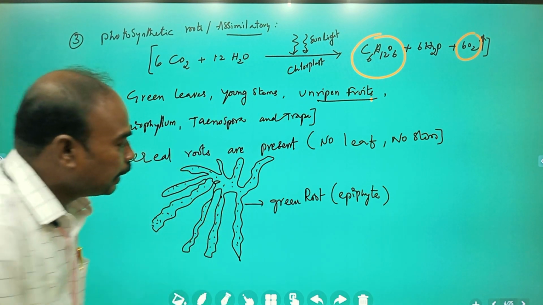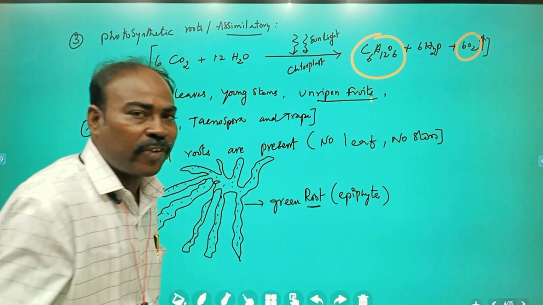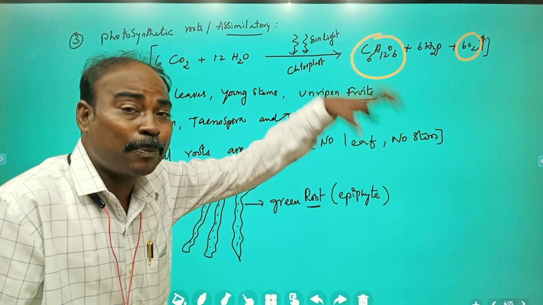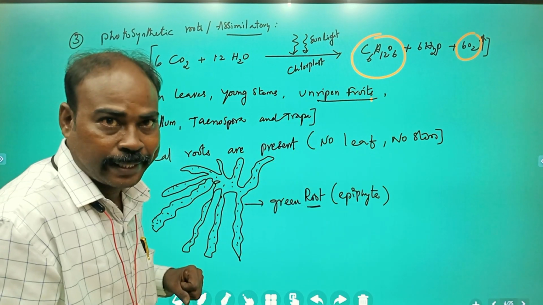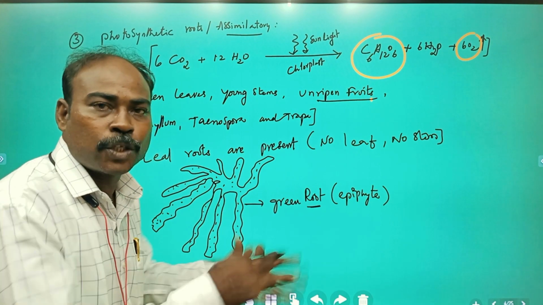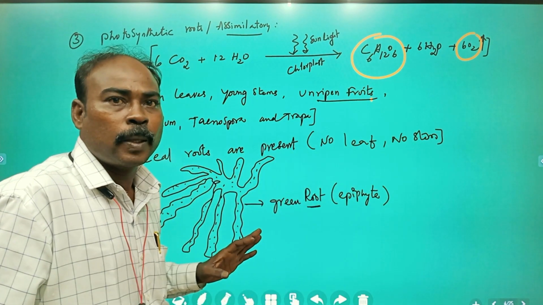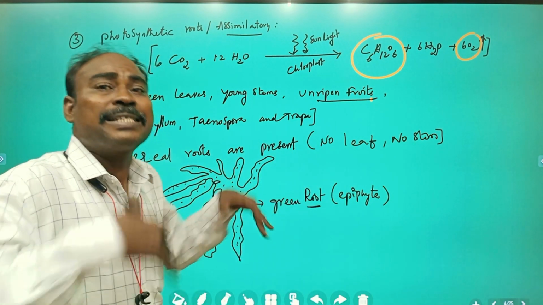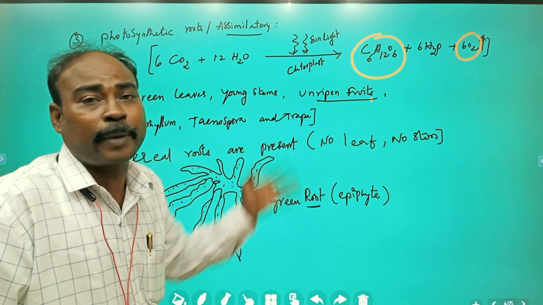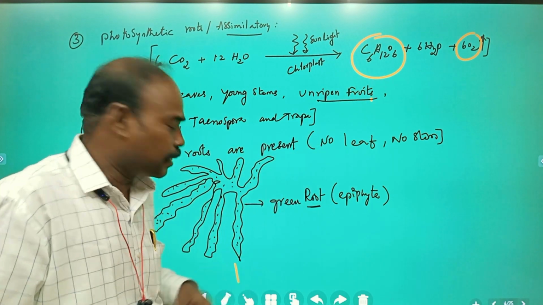So the green colored, chlorophyllous roots which grow on other plants are called epiphytes. In the root-only plant, there is no leaf, no stem, but the root gets aerial attachment with other plants, other branches, and does not grow inside the soil.